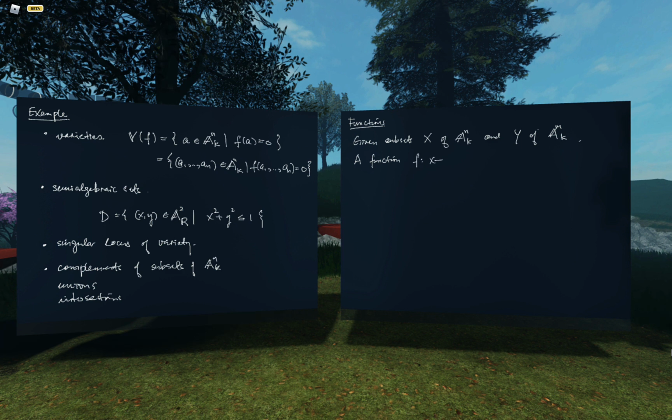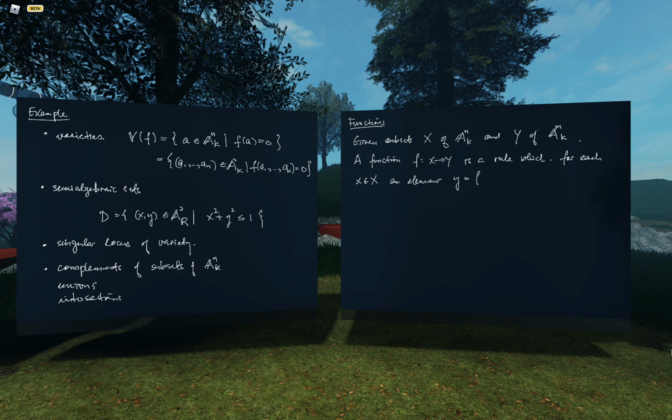We'll write it like this: f from X to Y is a rule which assigns, for each x in X, an element y, which we write f(x) in Y. Maybe this is notation that Dan already used last time, but x in X means that x is an element of X. Hopefully this is not news to you.